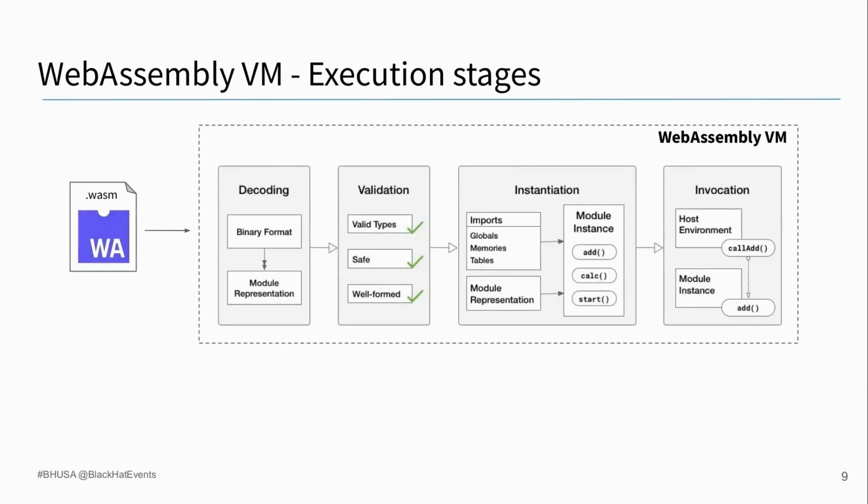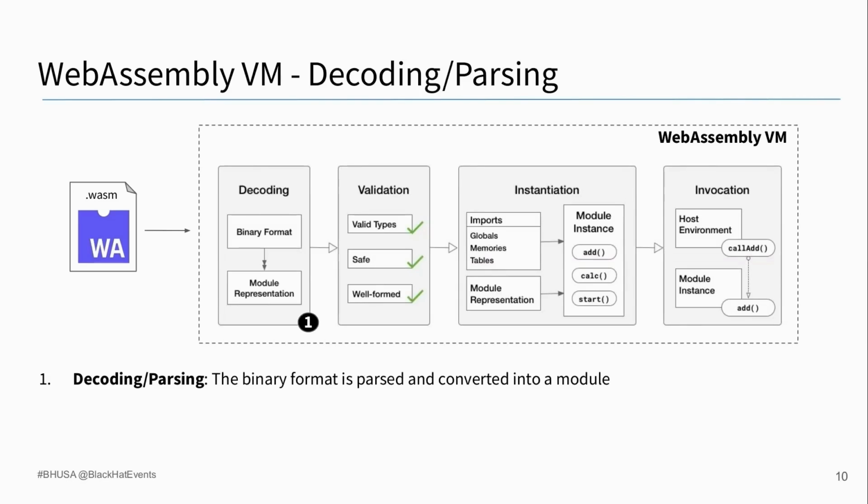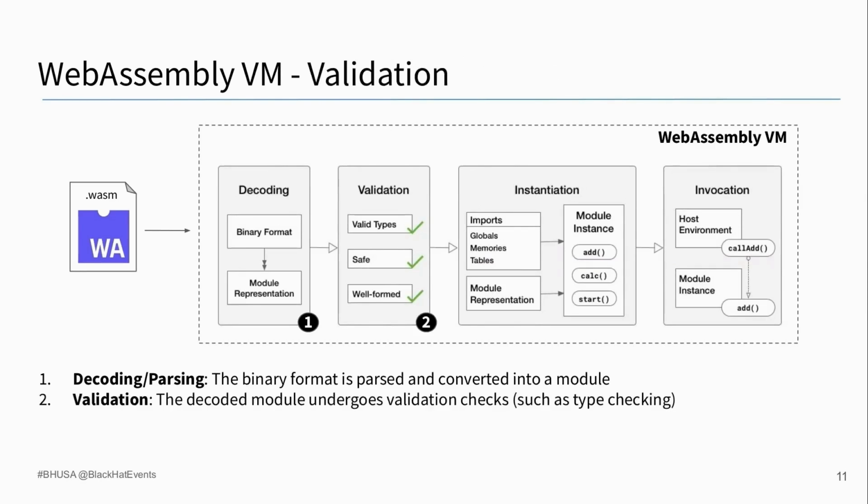So the way it works, when you provide a WebAssembly module, it goes through multiple stages. The first one is decoding and parsing. From this binary format, the WebAssembly VM will create an internal module representation. Then it does the validation phase, meaning that it will decode the module and check particular things like type checking and some others.